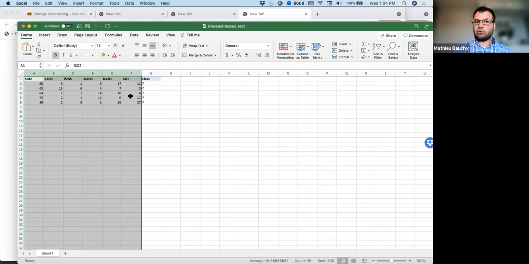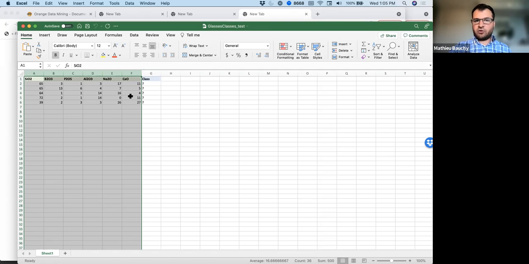Those are glasses that you do not know yet which class they belong to, and you want to use your model to guess what class each of those glasses belongs to. So that's what I would like you to do. Maybe you can think about this, and tomorrow we'll go through that to see how in practice you can train this model and then use it to make some predictions. Okay.